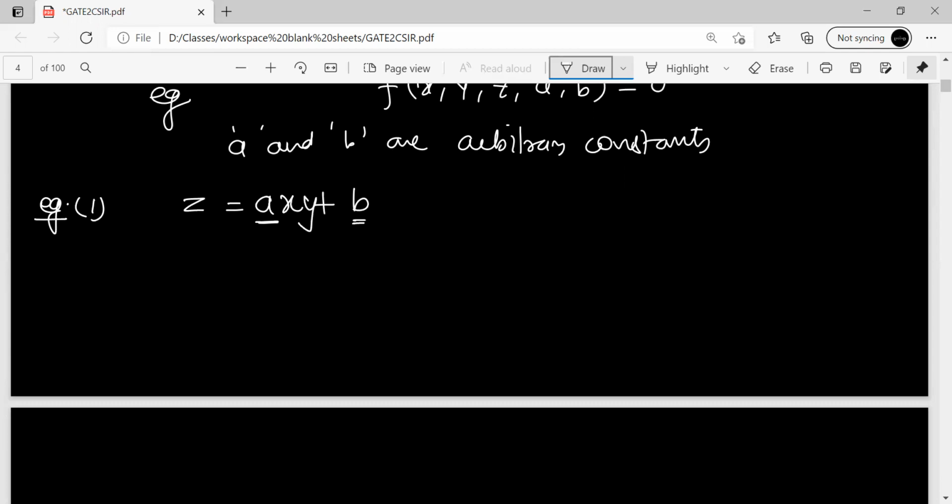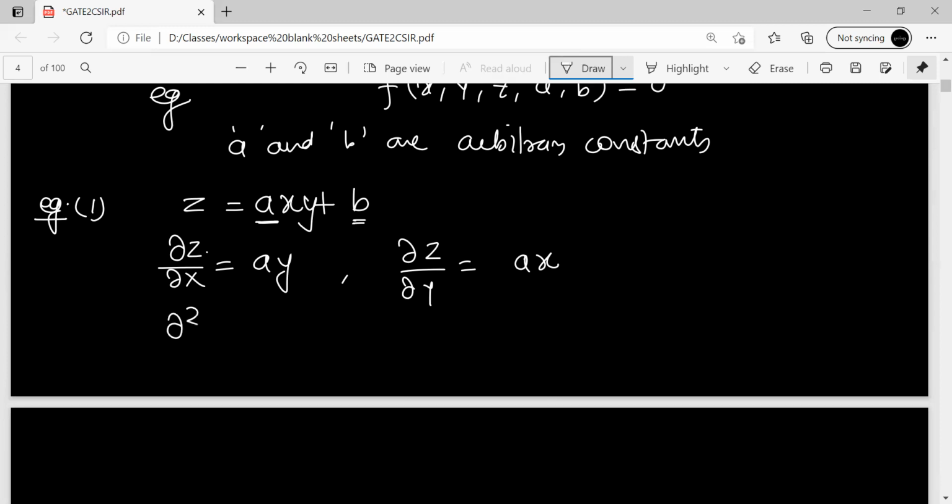So z equal to a x y plus b. That's my equation, and now I'll differentiate with respect to x. I'll be getting a y, and if I differentiate with respect to y, I get a x. I'm done with this, but what about eliminating this b?